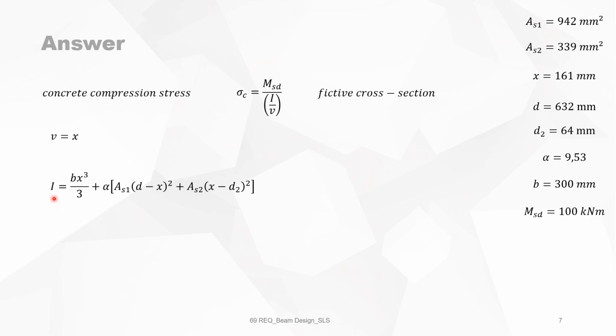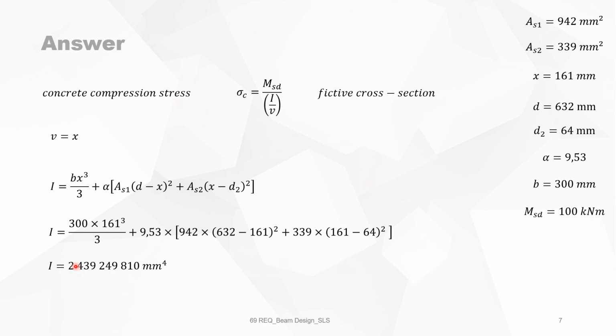The moment of inertia is then given by this formula, because it's the moment of inertia of the fictive cross-section. We can fill in all the different parameters, and we end up with this figure.